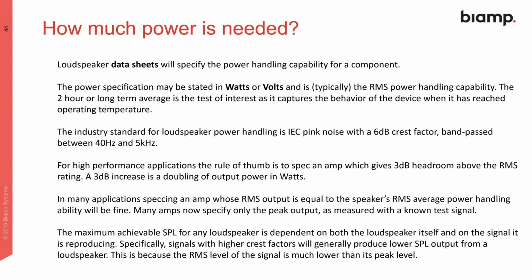The maximum SPL on that speaker is going to depend both on the speaker and on the signal. So something with a really high crest factor is going to end up with a lower RMS value, because we saw that crest factor, if the snare drum hits are much louder than all the singing.